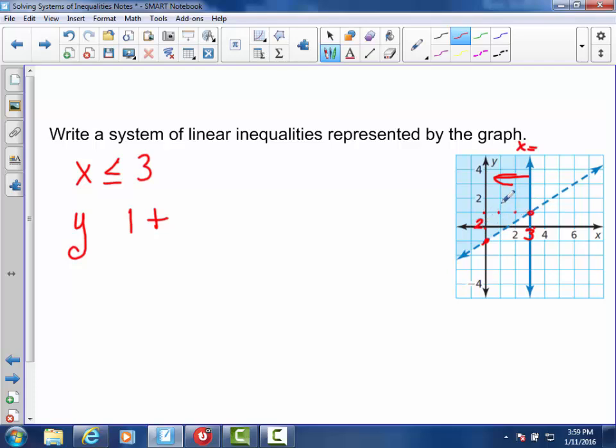So we're going 2 over 3 x. Okay, it's a dashed line, and we're shading up. So that's going to be y is greater than, and it's dashed, so we do not put the line underneath. And there's how we write our system of linear inequalities for this particular graph.